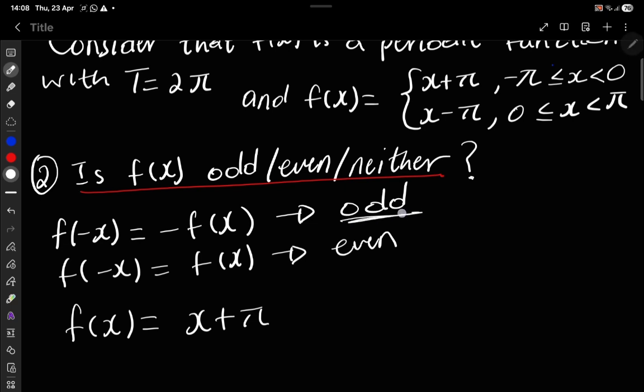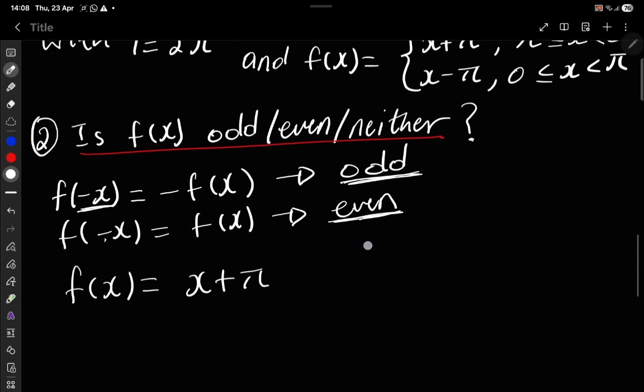For odd functions, when you substitute negative x in the place of x in f, you are supposed to get minus f of x. But if something is even, when you substitute negative x in the place of x in f, you are supposed to get positive f of x.